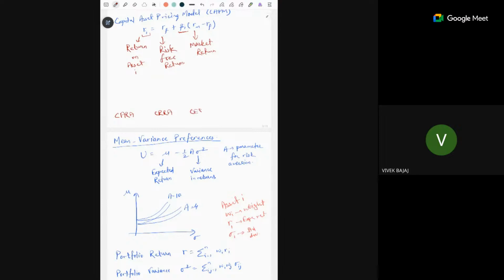Yes, these are the different types of utility functions. CARA means constant absolute risk aversion utility function. CRRA means constant relative risk aversion utility function. And there are different types of utility functions, more complicated functions which are given by economists to represent reality in better terms.